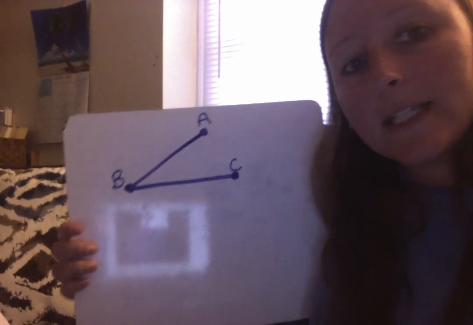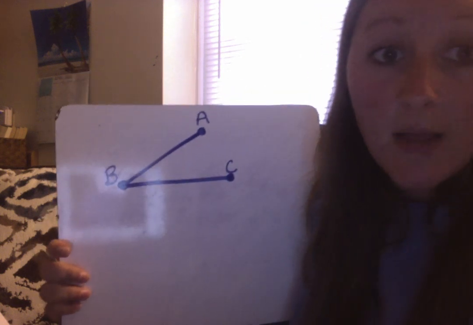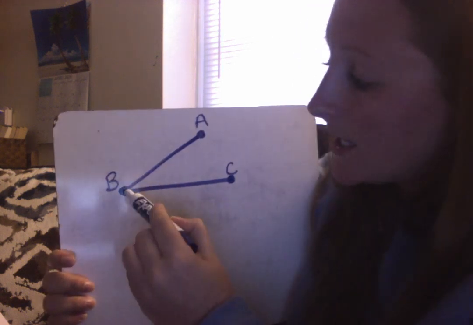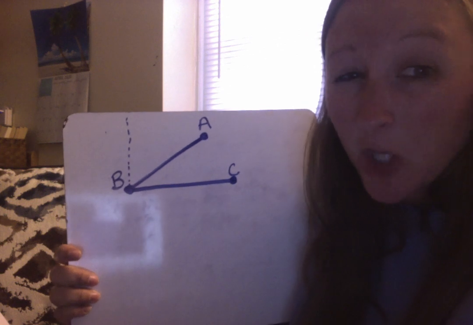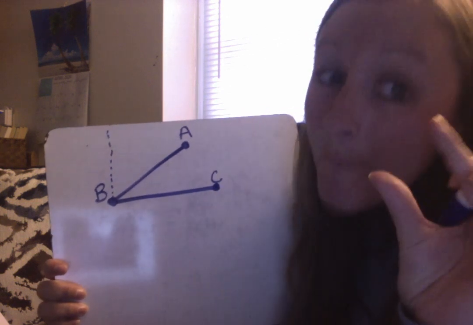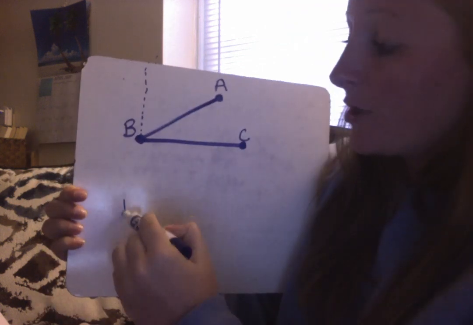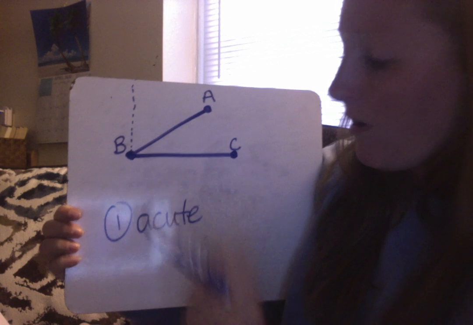So if this is my angle, then I'm first going to tell Miss Craw what kind of angle it is. I see that it doesn't have that L shape, so it's smaller than the L shape. Smaller than the L shape is a little itsy-bitsy cutesy. So my first answer, it's acute. Okay?